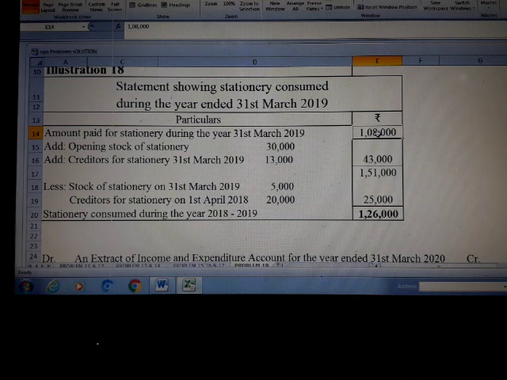So this is the amount of stationery which has been consumed. So you will name it as stationery consumed during the year. When you are writing the heading, it should be like statement showing stationery consumed during the year. Whereas when you derive the answer, it should be stationery consumed during the year, for the respective year you mention, and this value you will take to your income and expenditure account.